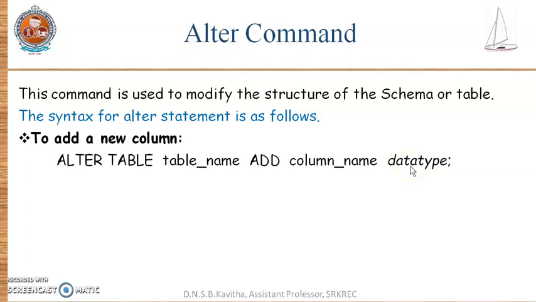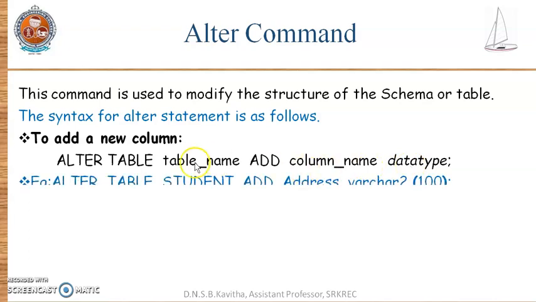Let us see an example. Alter table student add. I am adding a new column called address to the existing table where address is not there in the previous case, and then followed by its data type and its size.